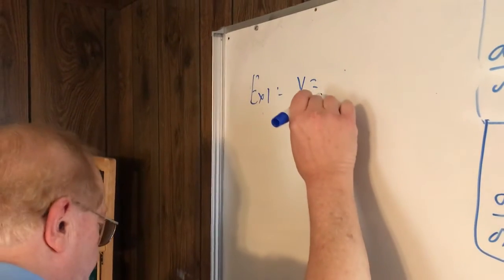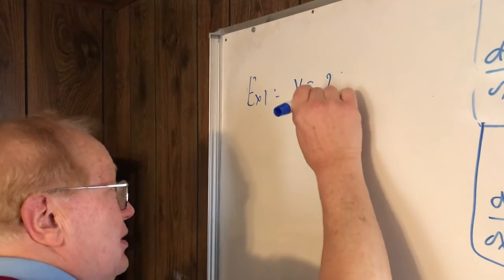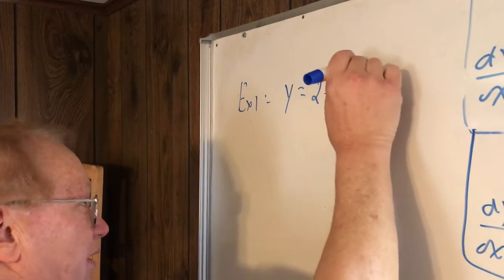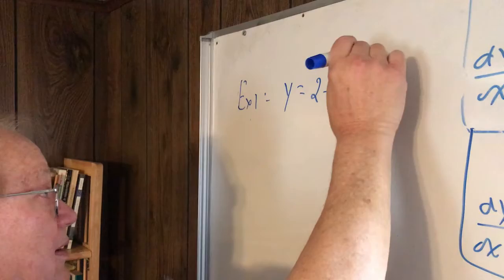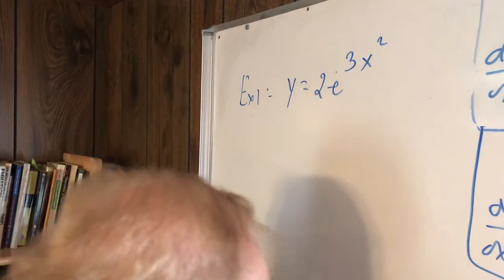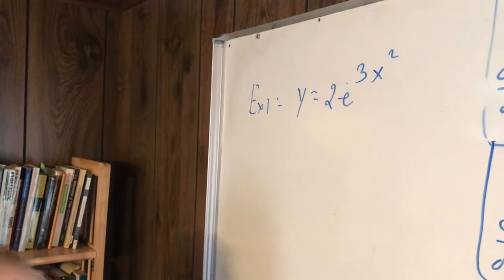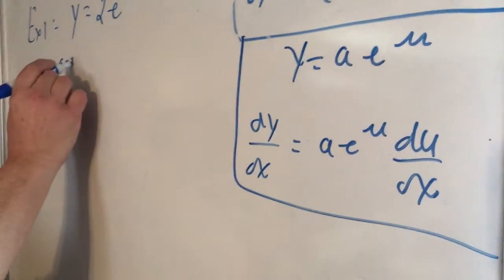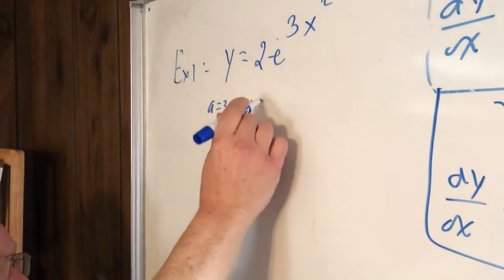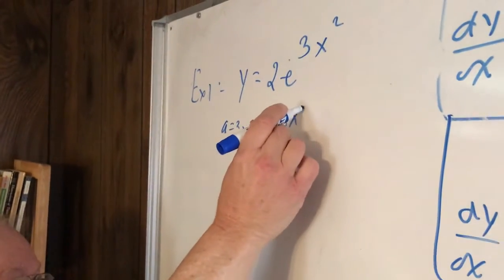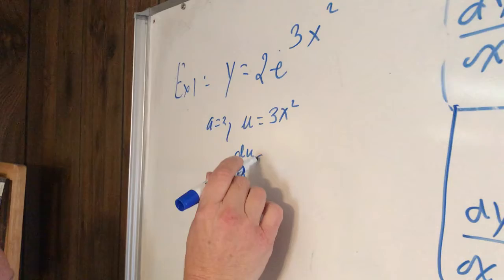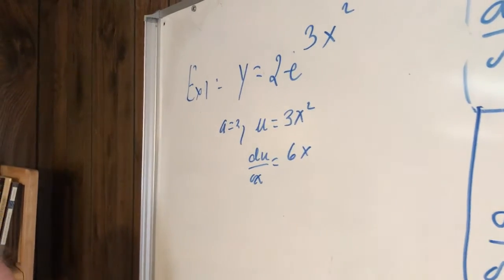Y equals 2e to the 3x squared. This is a fairly straightforward one. If we look at this, we have a equals 2, u equals 3x squared, and du dx is 6x.